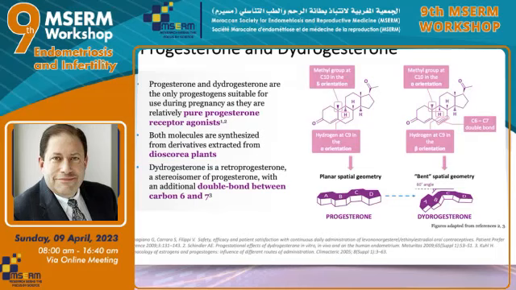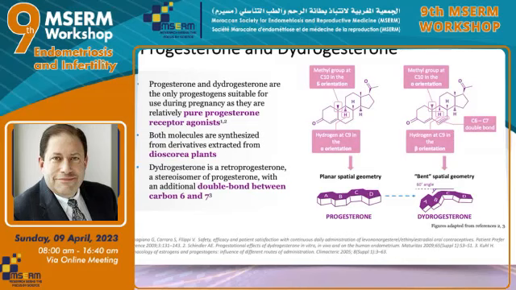Progesterone and dydrogesterone are pure progesterone receptor agonists. Dydrogesterone is a somewhat different progestin than the other progestins that have been used for contraception, menopause therapy, as well as maintenance of pregnancy. They're plant-based synthesized products.